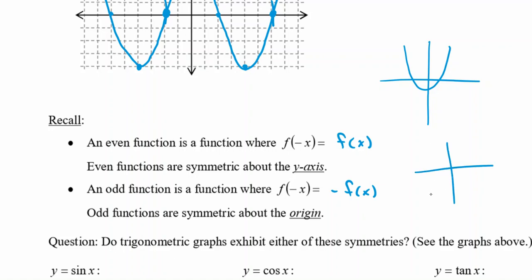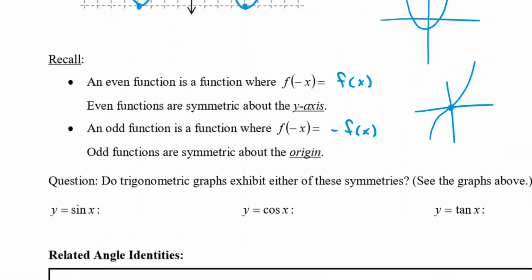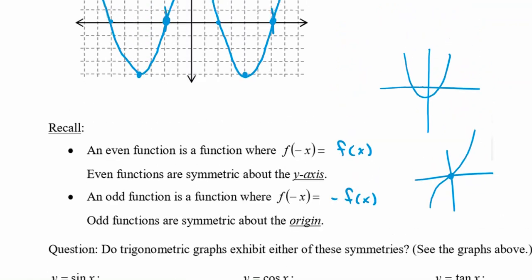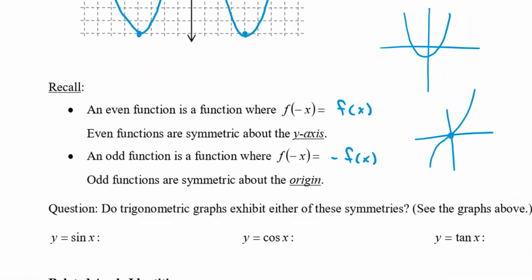And that would be an example, maybe something like this, where it's kind of reflected or rotated almost around the origin. So let's just quickly look at how that relates to the graph of sine x. So sine x, this one. Do you see that, up here is symmetric about the origin? So this one is odd.